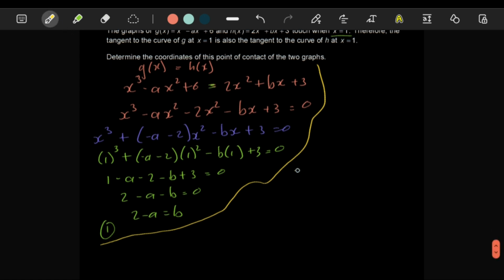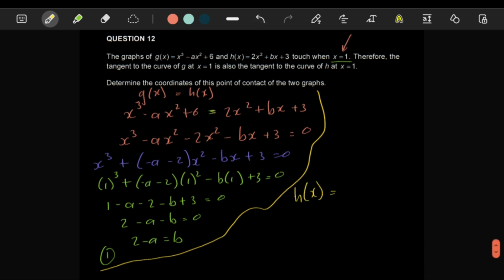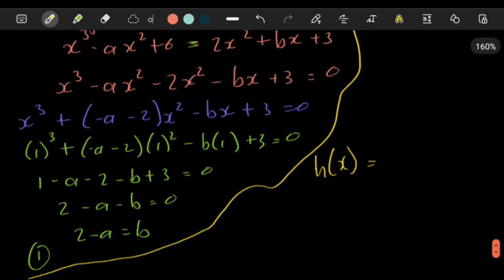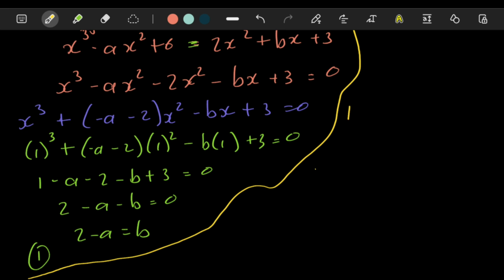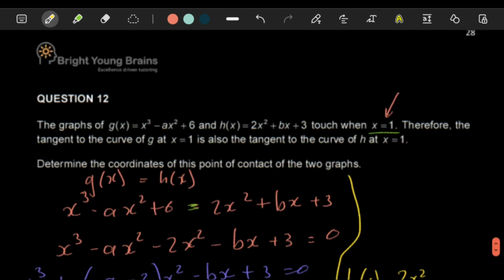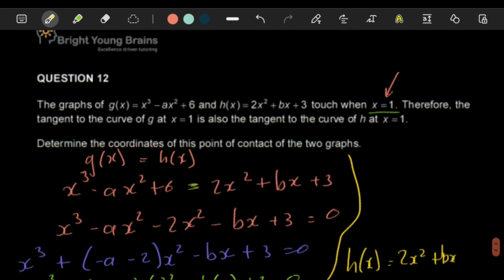So let me write here h of x. I feel like I should zoom in and write better, because if I don't zoom in I keep wasting space. So let me zoom in and write better. h of x is equal to 2x squared plus bx.